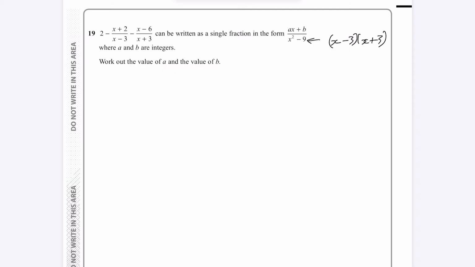So if I write this out, we have 2 minus (x plus 2) all over (x minus 3) minus (x minus 6) all over (x plus 3). Now I want to make the denominators all the same. So I'm going to start with the second and third one first.